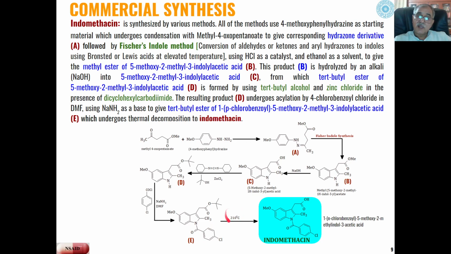Then at high temperature, the protecting group which we have given can be removed very easily under acidic conditions, and the acid group will be generated back. And this is how indomethacin can be synthesized from hydrazine derivatives and ketones as the starting materials.